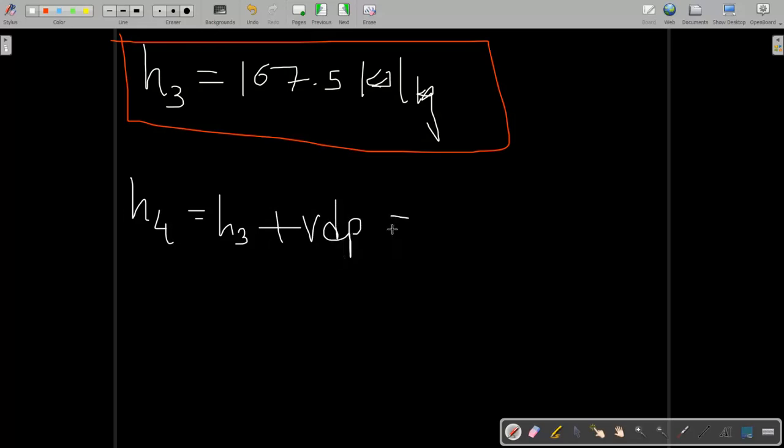So it is 167.5 plus specific volume, given as 0.001. Just look into the steam table.